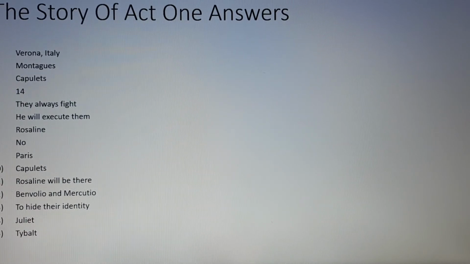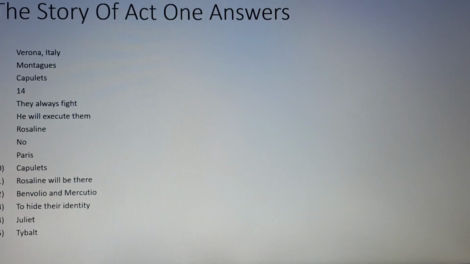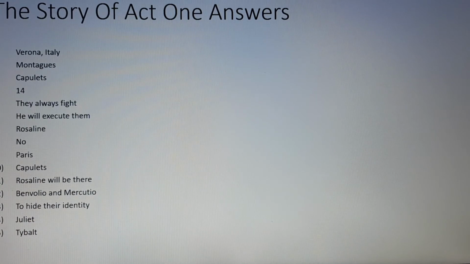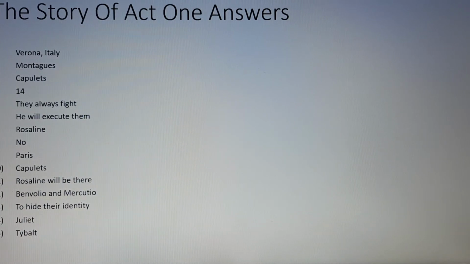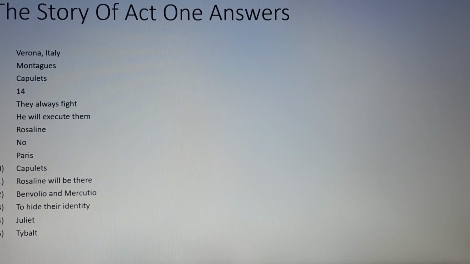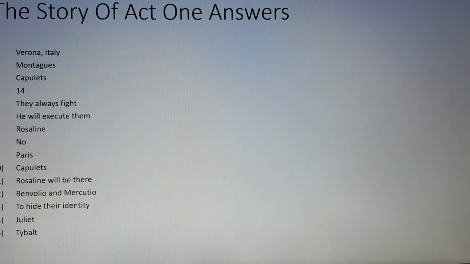Number 10, which family holds a party? That's the Capulets. Number 11, what persuades Romeo to go with his friends to this party? Well, it's because he knows that Rosaline's going to be there and he thinks he might be able to get her to change her mind. Question 12, which of Romeo's friends go with him to the party? That's Benvolio and Mercutio. 13, why do they have to go masked?